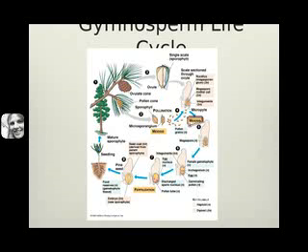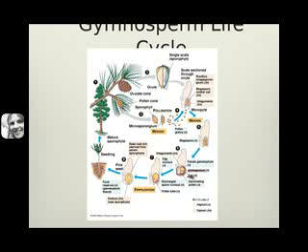Through this process of meiosis, the megaspore mother cell will produce 4 haploid cells, and usually 3 of those cells die, leaving just 1 megaspore. The megaspore will become the female gametophyte, and it will contain archegonia that hold the eggs.